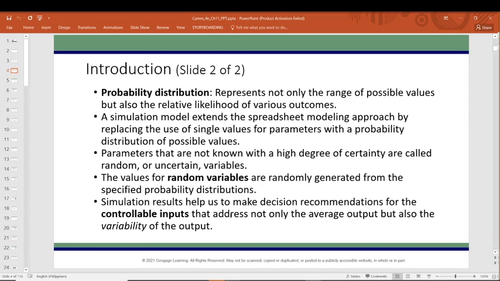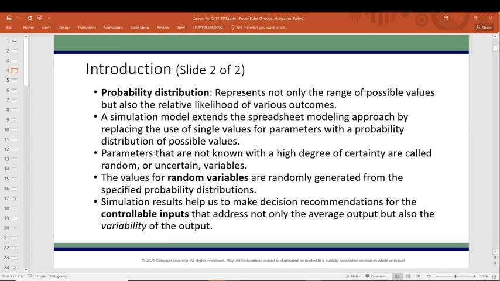So we have a probability distribution that represents not only the range of possible values but also the relative likelihood of various outcomes. A simulation model extends the spreadsheet modeling approach by replacing the use of single values for parameters with a distribution of possible values.